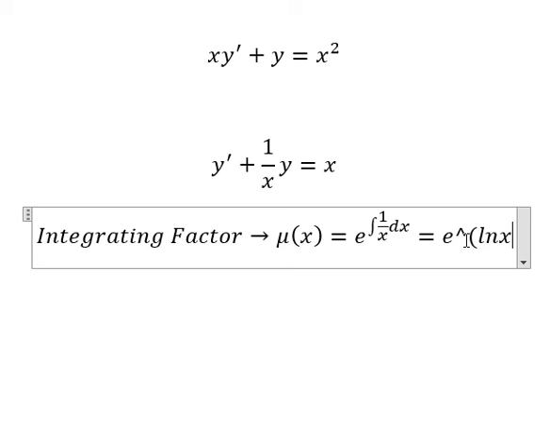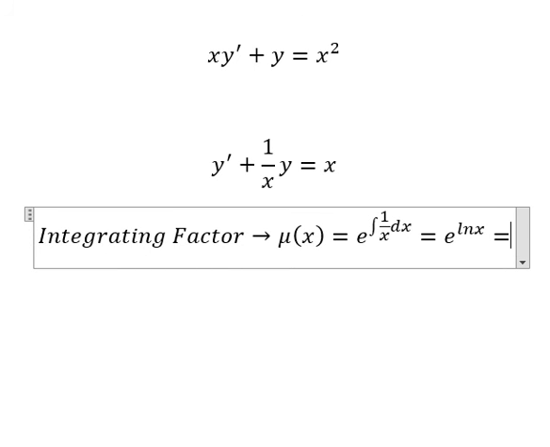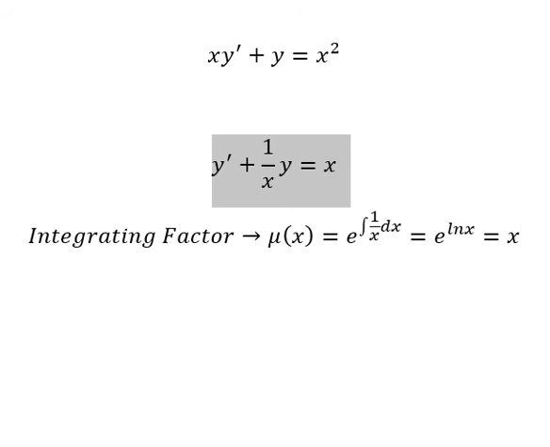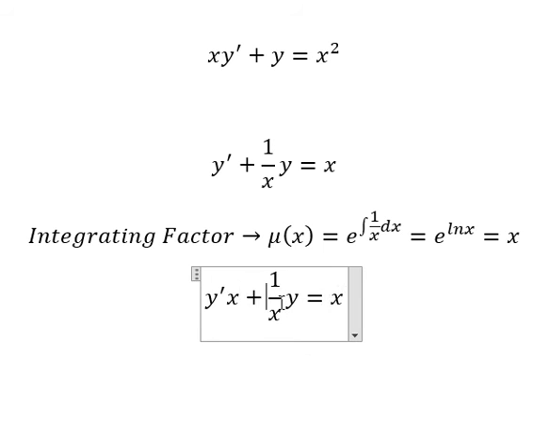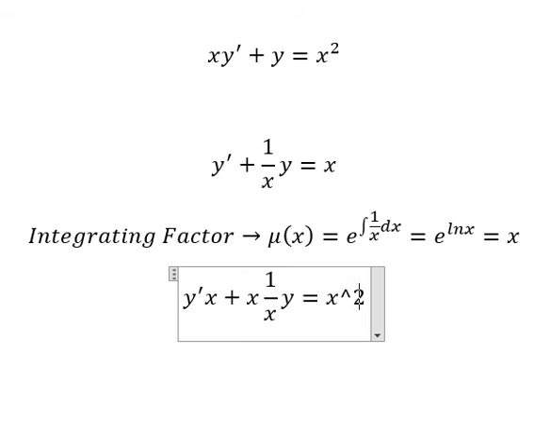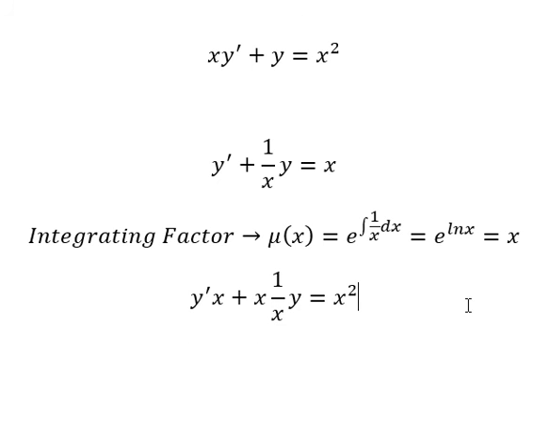We have the left-hand side and the right-hand side, and this one we have x. That means we multiply both sides by x. This one we have number 1.